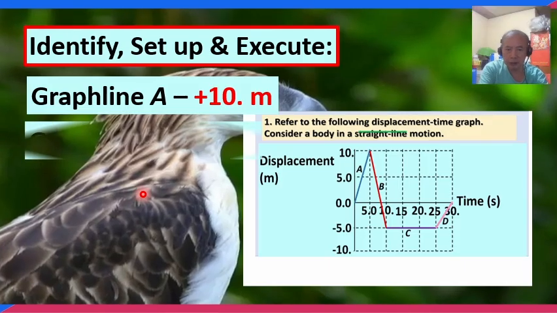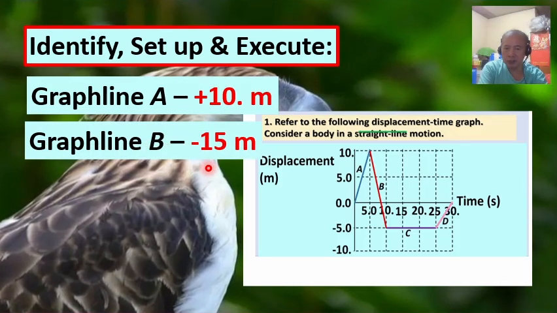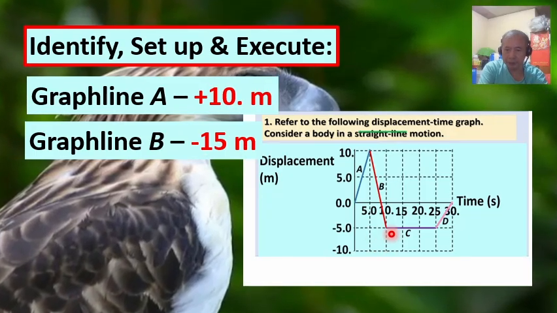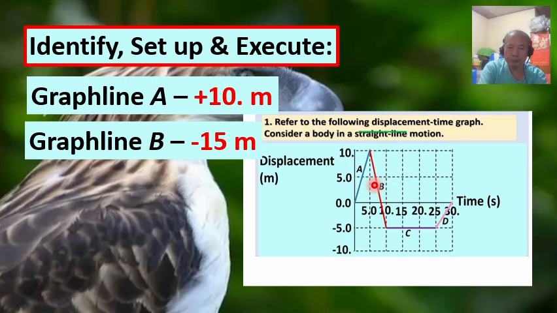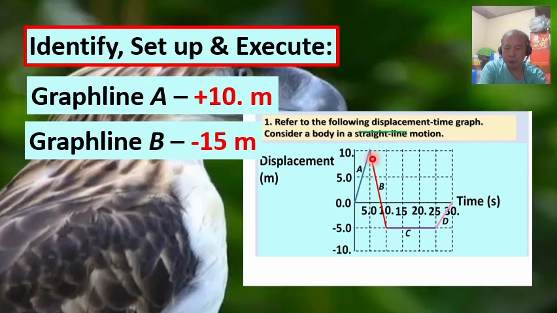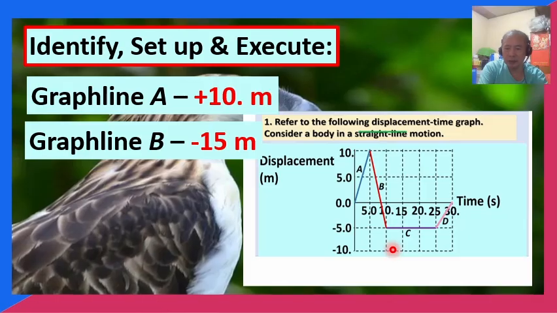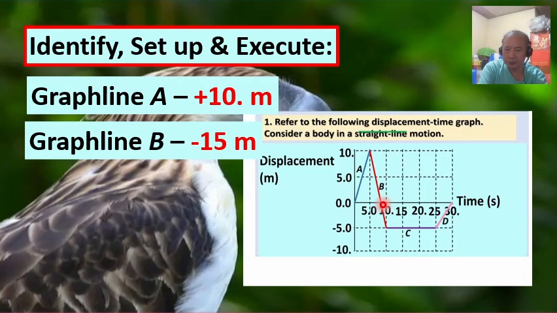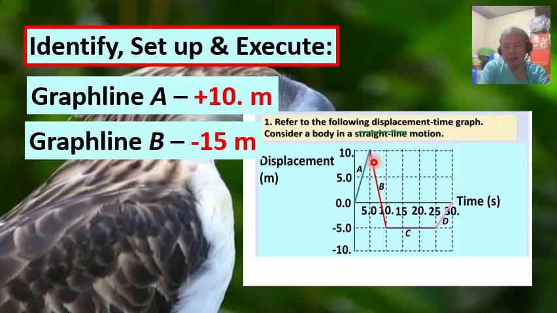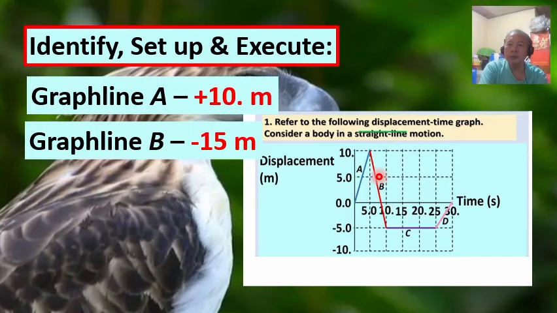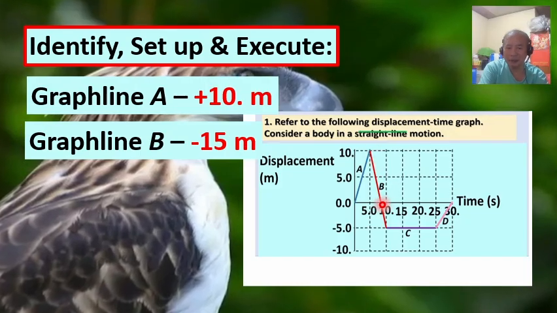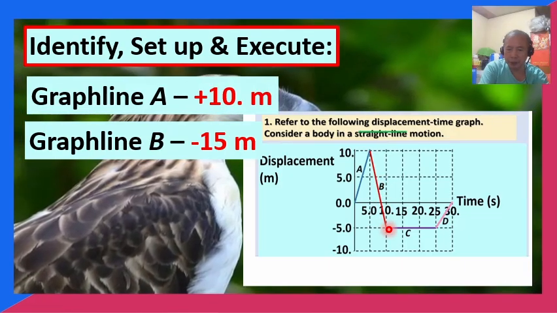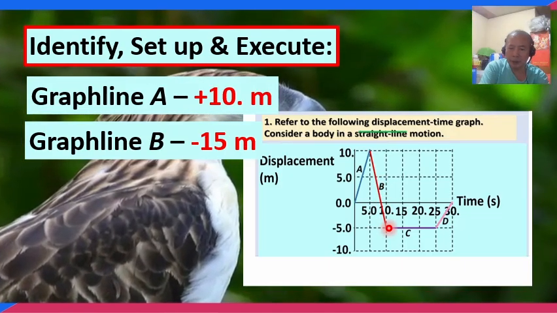And for graph line B, the displacement is negative 15 meters, from 5.0 seconds to 10 seconds. The change in the position for the first part is negative 10 meters, and for the second part it is negative 5.